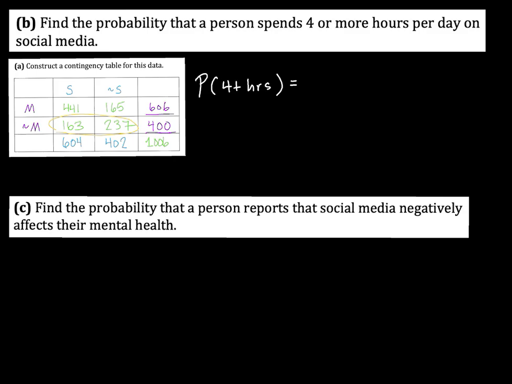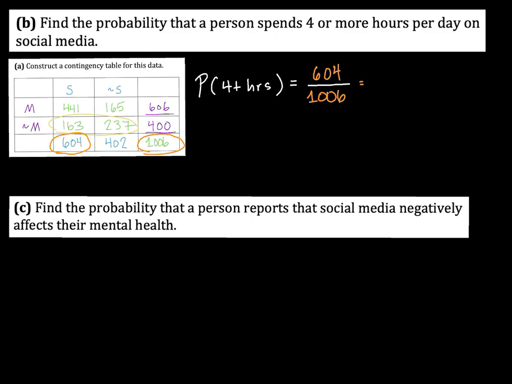And that is going to be out of everybody. So out of everybody, it's all the people who spent 4 plus hours. So that's the 604. So that is 604 out of 1006.